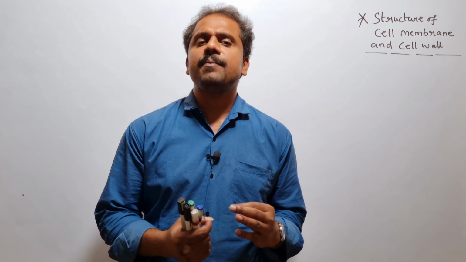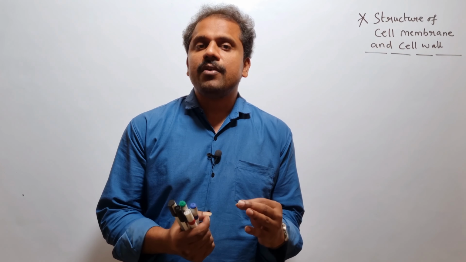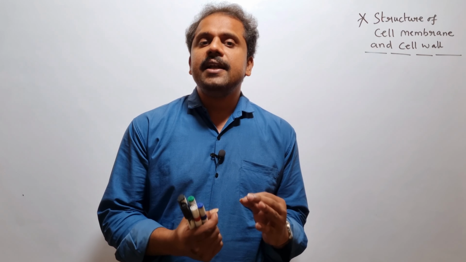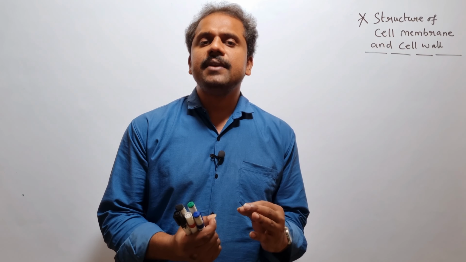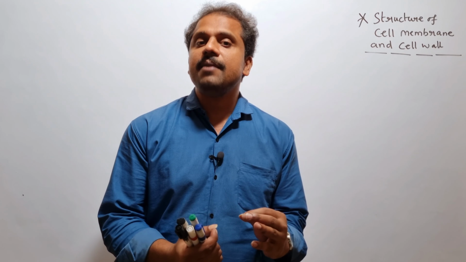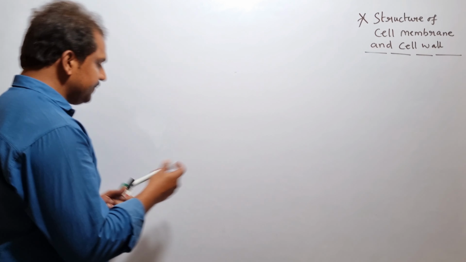Cell membrane, or in other terms it is termed as plasma membrane. So here cell membrane or plasma membrane is the outermost covering layer which is most commonly observed in certain multicellular living organisms like animals. So most commonly in case of animals, the outermost delimiting structure is nothing but what? Cell membrane or plasma membrane. So let me write it here.